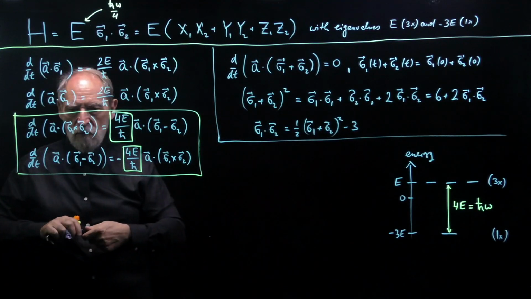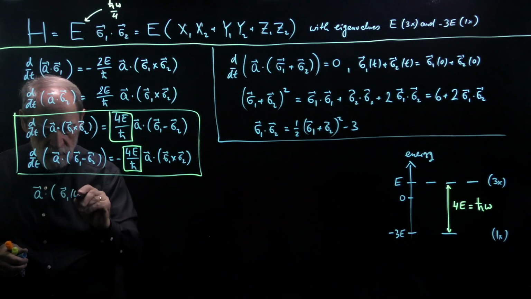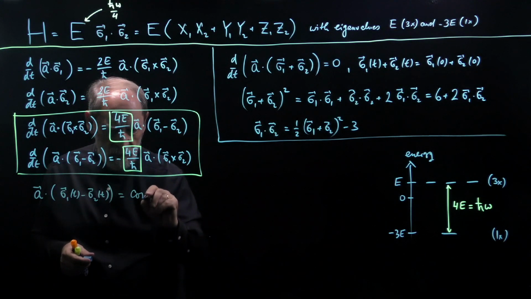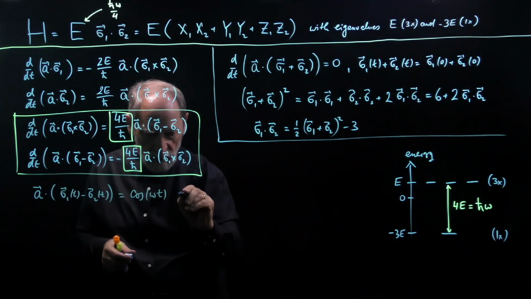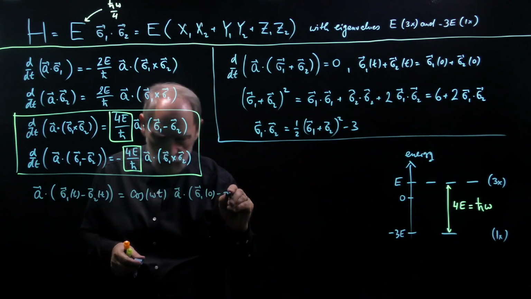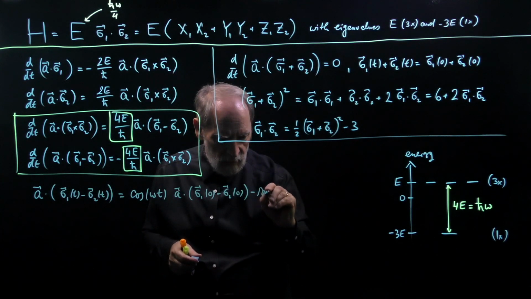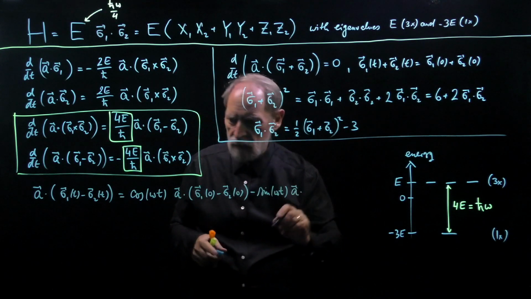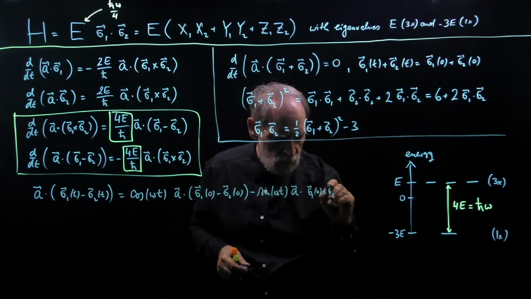So we know the solutions of these equations, and in particular there is the statement that sigma 1 minus sigma 2, that component, is equal to cosine of omega t times A dot sigma 1 at time 0 minus sigma 2 at time 0, negative sine omega t, and then A dot, and here's the second operator, sigma 1 at 0 cross sigma 2 at 0.